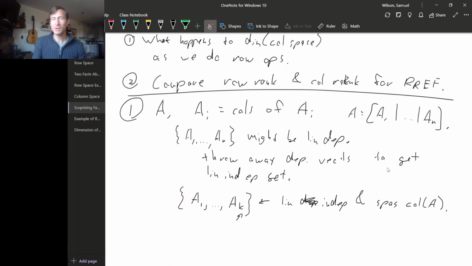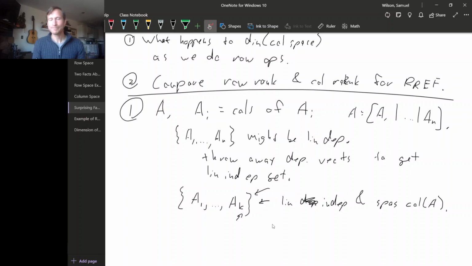We know we can do this throwing away process, since we're throwing away just the linearly dependent vectors, that won't change the span. So all of the columns span the column space. So this resulting smaller collection also spans the column space.